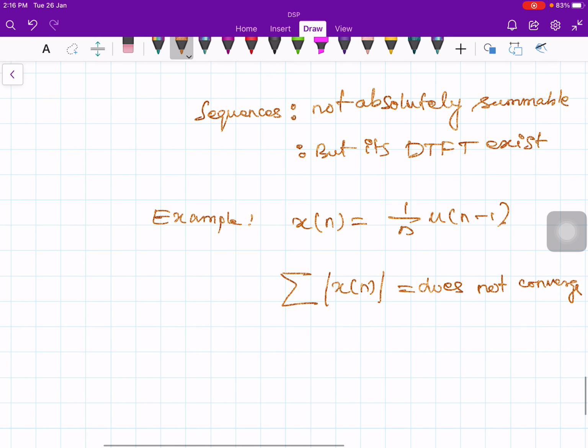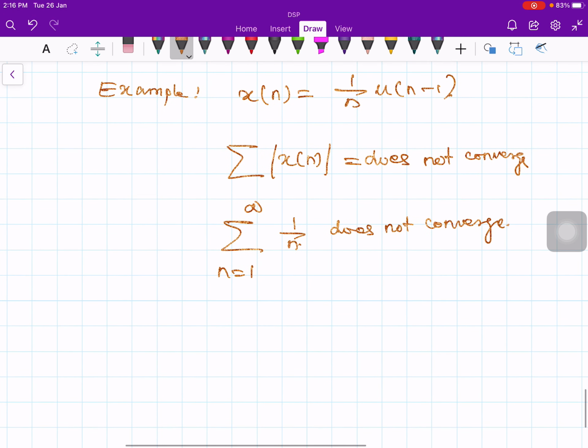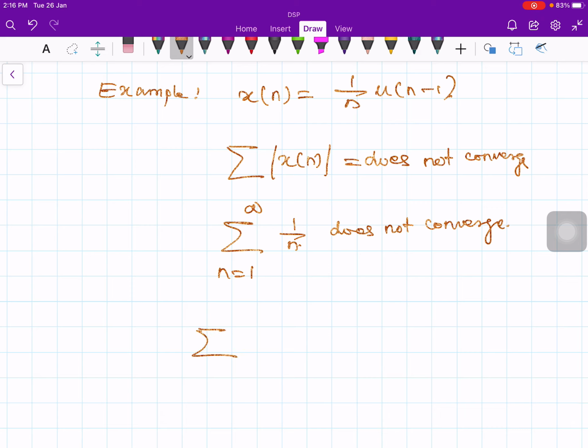That means the summation for n equal to 1 to infinity of 1 over n does not converge. You will not get a finite value. But if you take the square of that value, let's say 1 over n squared, then it can be shown that it converges.